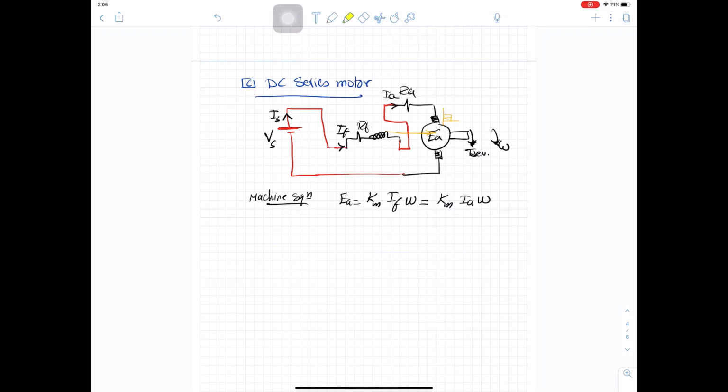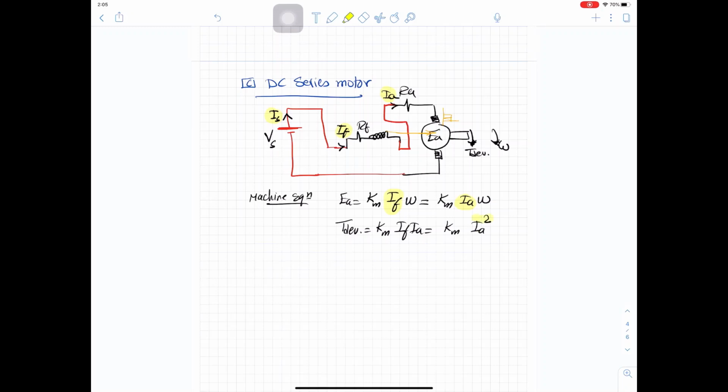And as you can see, we replaced IF with IA because IA, IF, and I source are the same because of the series connection. T developed equal to K motor IF IA, or K motor IA square.